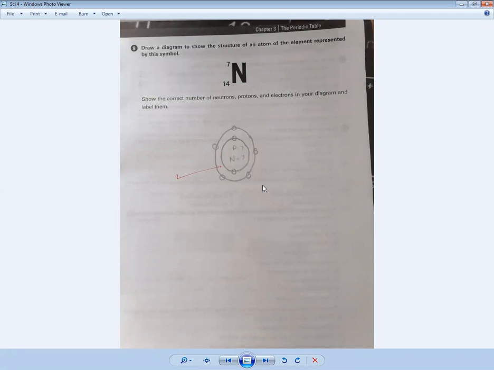So when these elements were discovered, the important thing the scientists observed was that the structure of an atom is very, very tiny. So we cannot observe the structure of an atom with the open eye.